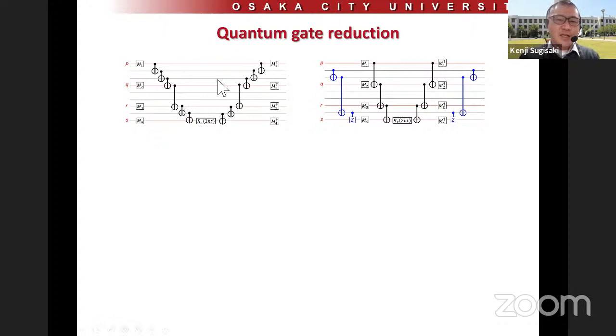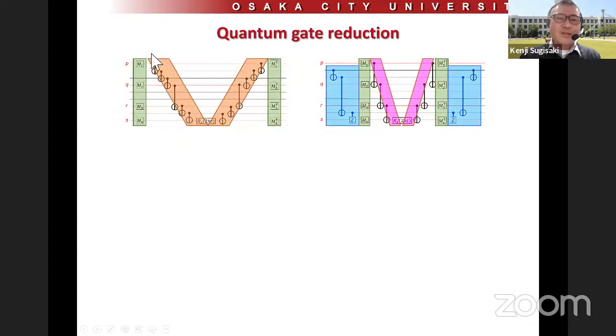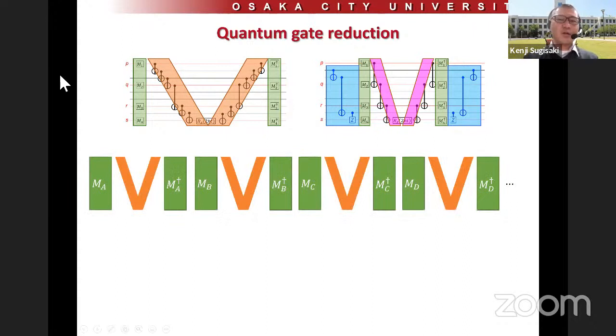Because writing this kind of quantum circuit is sometimes time consuming, I would like to use this kind of cartoon to represent the quantum circuit. So the time evolution operator using the original quantum circuit can be constructed as shown here.